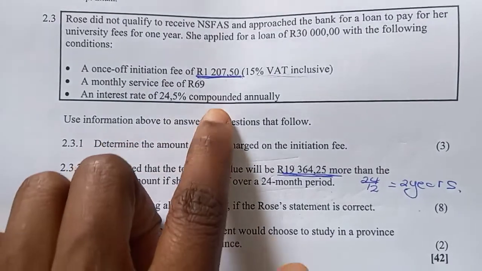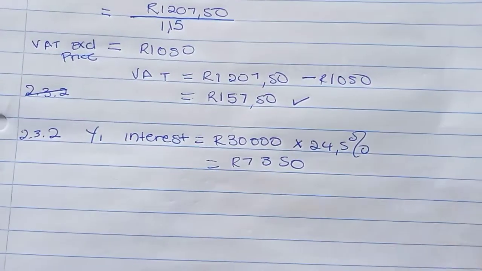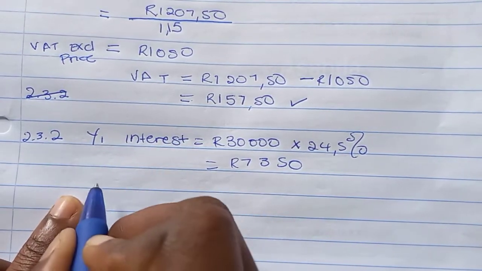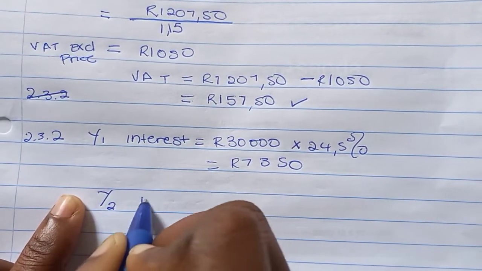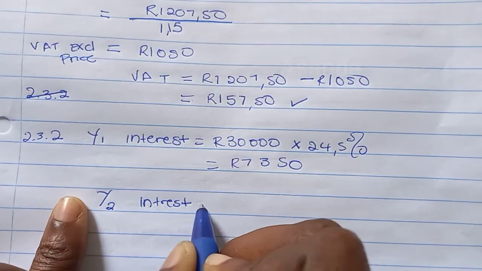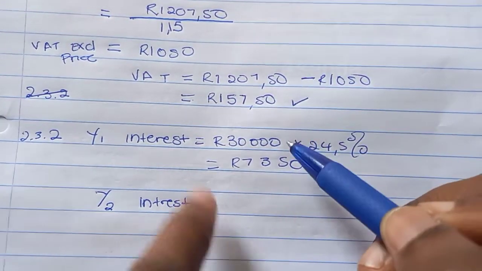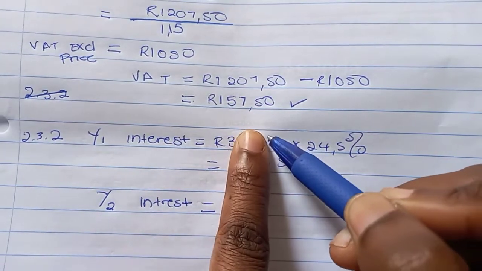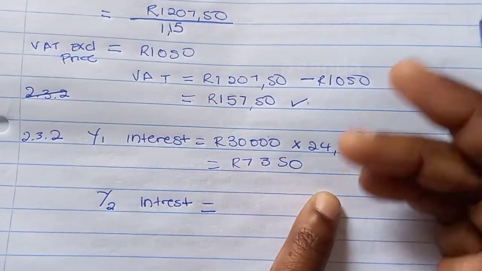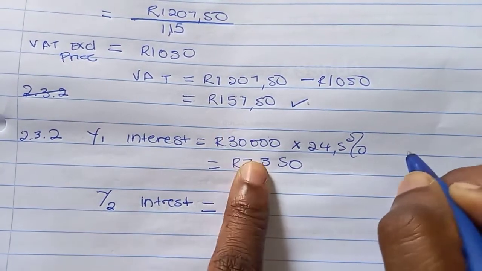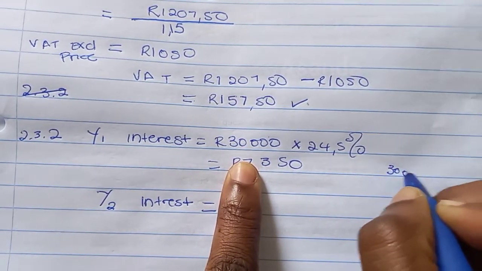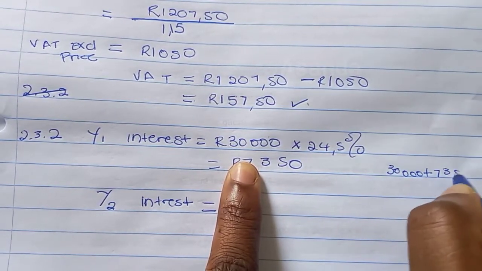Now let's go back. It says compounded annually. So in year 2, the interest will equal to, so when you're calculating interest in year 2, we have a problem because this is a compound interest. This 30,000 Rand will have interest, but this 7,350 will have interest as well. So I forgot to add that, so I'm just going to add it here on the side and say 30,000 plus 7,350.